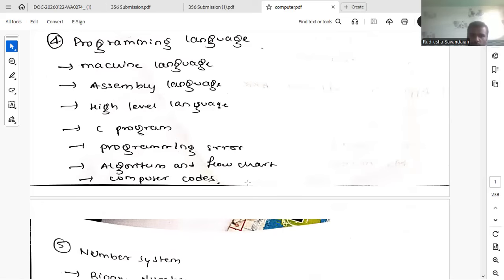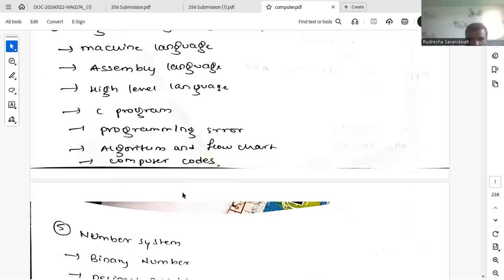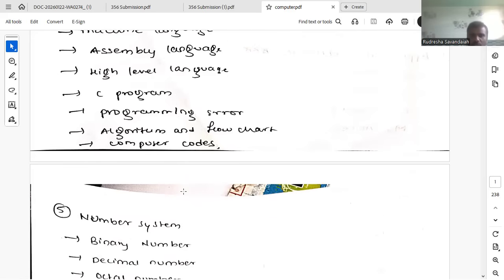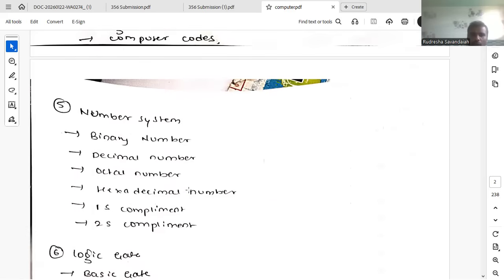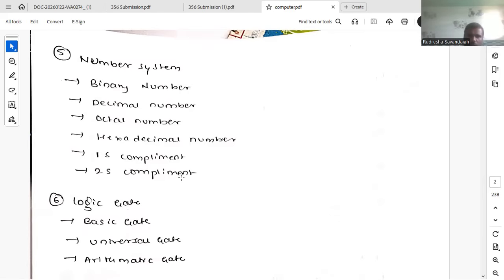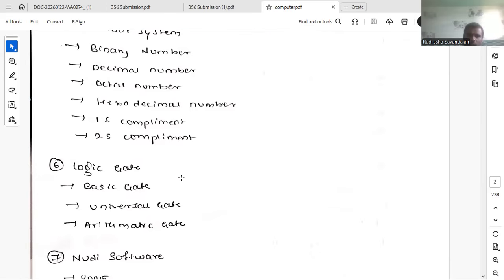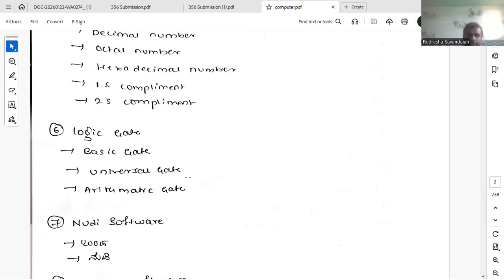Programming language, machine language, assembly language, high level language, C program, programming error, algorithm and flowchart, computer codes, number system, binary number, decimal number, octal number, hexadecimal number, one's complement, two's complement, logic gate.